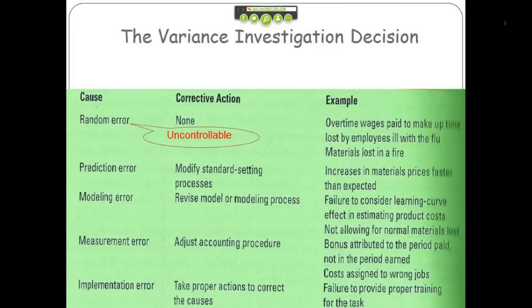Another way of looking at it: if the variances are caused by random error, you can't control it, so why spend too much time on it? But these others you might be able to control in some way, so it's worth looking at them and, in some coordinated fashion, looking to correct them.